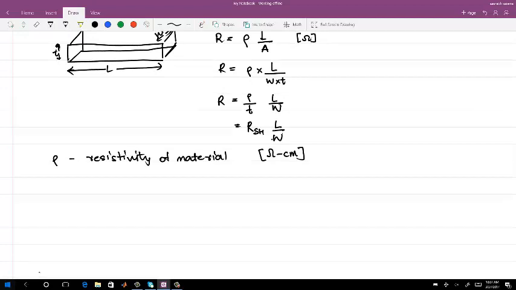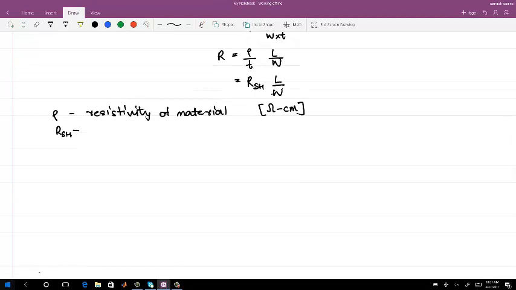I think you can see the units match here. And RSH is the most commonly used term for resistance, which is defined as sheet resistivity, and has the units of ohm per square.